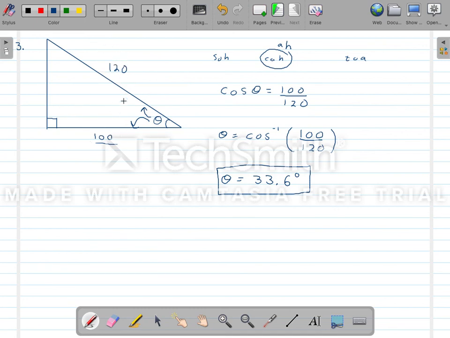All right, so that's using two of the sides of a triangle. If you're given two sides of a triangle and you're asked to find one of the angles, you can figure out which one of the trigonometric functions you're going to use. Am I going to use sine? Am I going to use cos? Or am I going to use tan? Once you've decided which one, based on what you were given: in this one, we were given adjacent and hypotenuse, so we use cos.